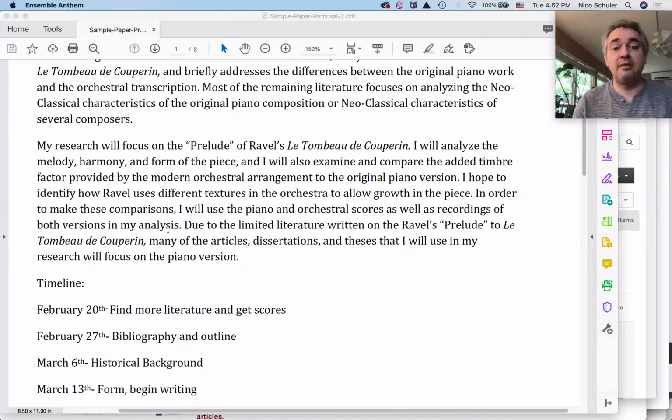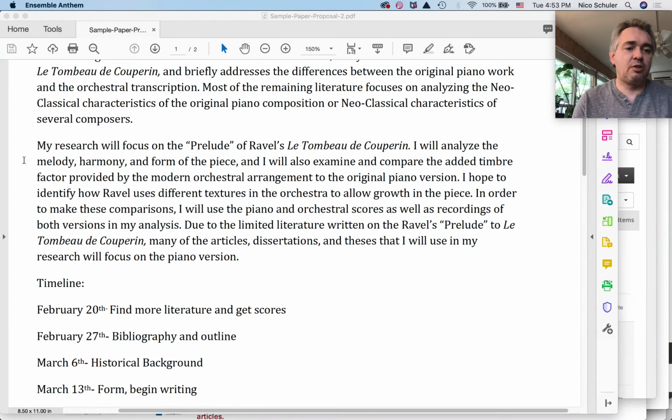Anyways, and then of course you have to say what your paper is about, what sources you will use, what questions you want to answer, what methods you will use, perhaps even address what audience you're targeting with your paper, so who would be interested in reading it, maybe even speculate on a possible outcome of your research.